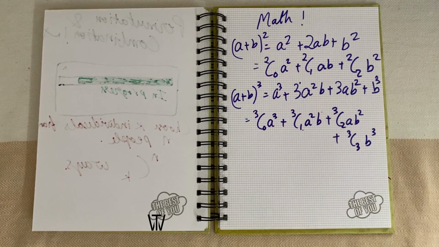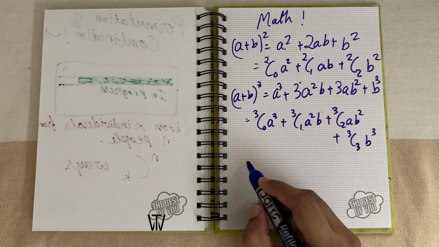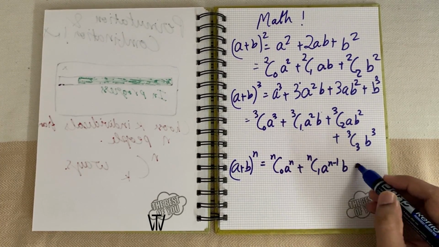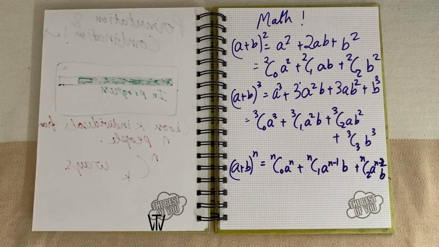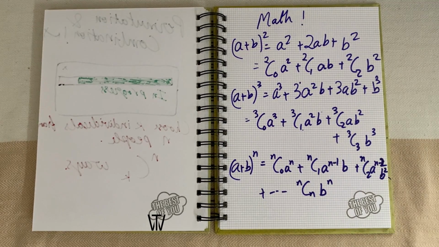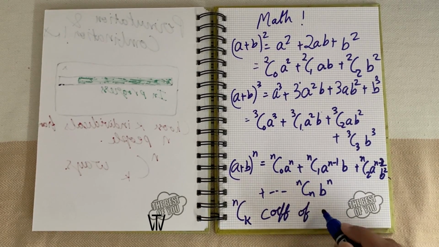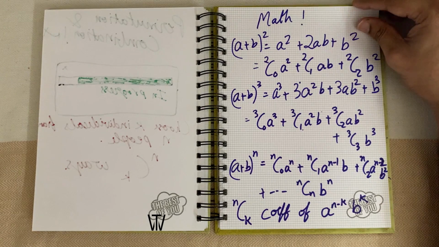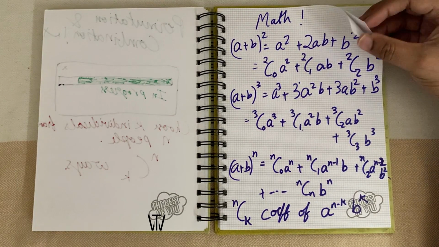If I keep going, (a plus b) to the power n equals nC0 a to the power n plus nC1 a to the power n minus 1 into b plus nC2 into a to the power n minus 2 into b square plus so on plus nCn b to the power n. So nCk is the coefficient of the term a to the power n minus k into b to the power k. Actually, it is also the coefficient of a to the power k and b to the power n minus k. If you don't remember why, just remember your training on combinations.